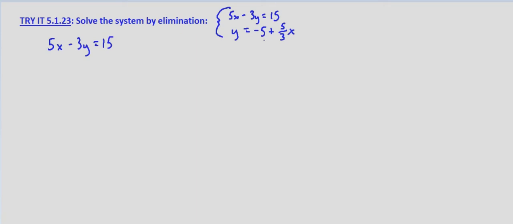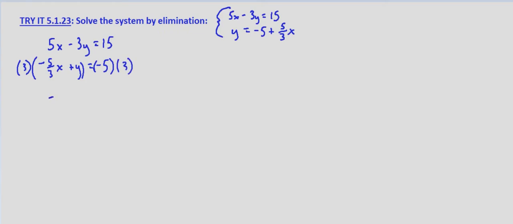To put our second equation into that form, we would subtract 5/3 x from both sides, which would give us negative 5/3 x plus y equals negative 5. And then we would eliminate the fraction in our second equation by multiplying both sides by our LCD, which in this case, since we only have one, is that denominator, 3.